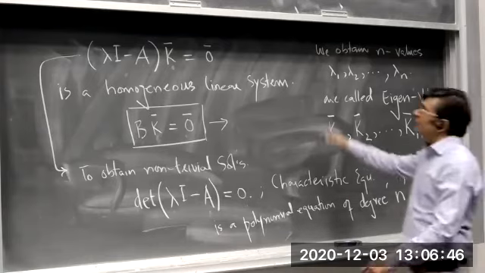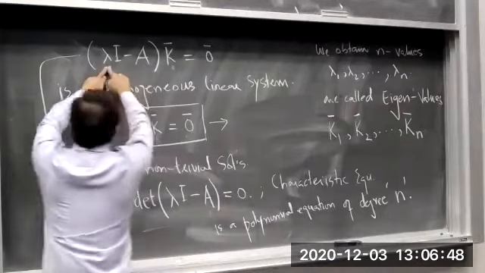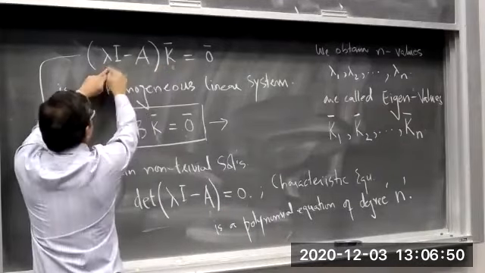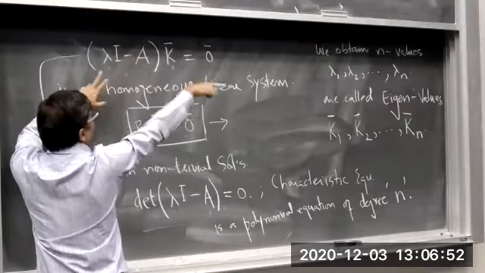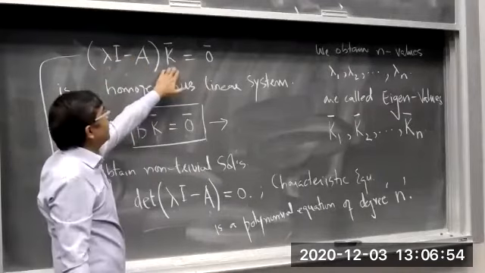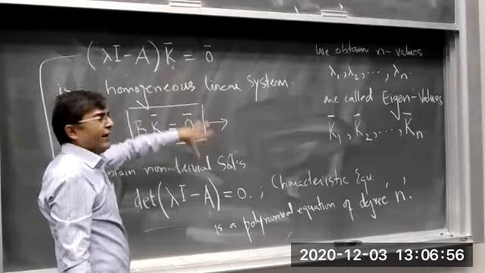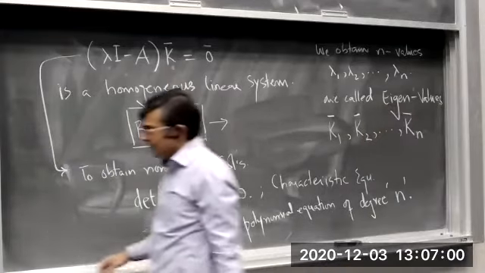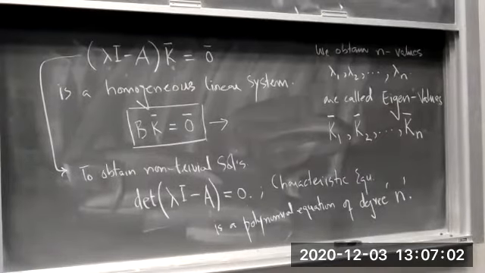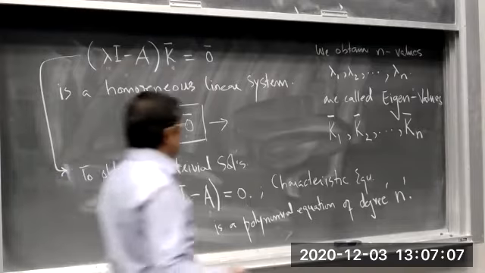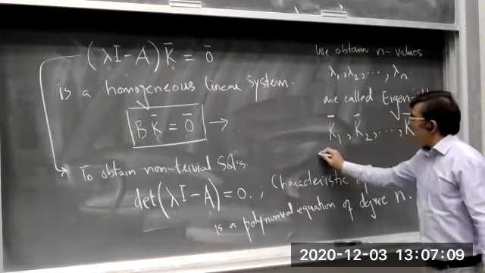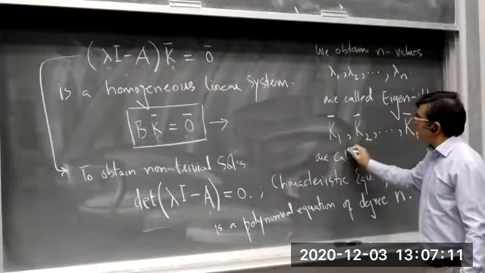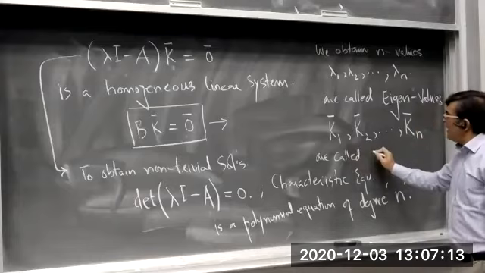By putting term by term here, lambda 1, solve it, lambda 2, solve it, lambda 3, solve it, and so on, you will get respectively k1, k2, and so on, kn. And these vectors are called eigenvectors.